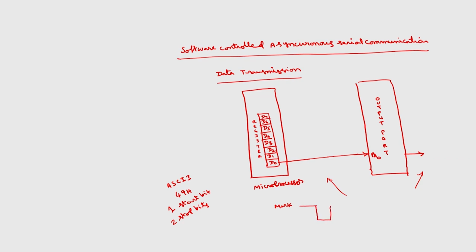Then 49H will be 0 1 0 0 1 0 0 1. This is the start bit.